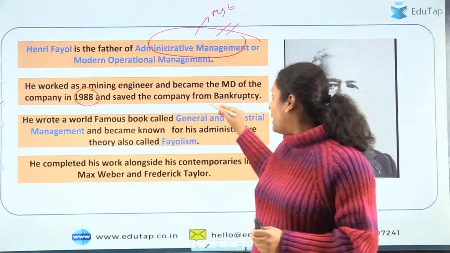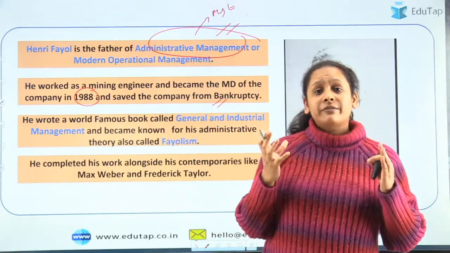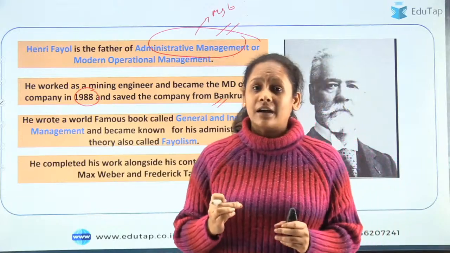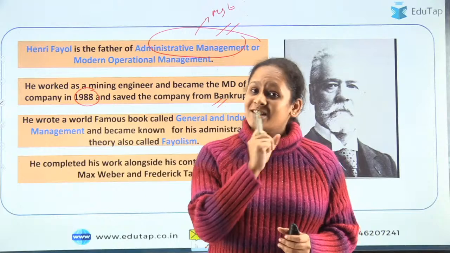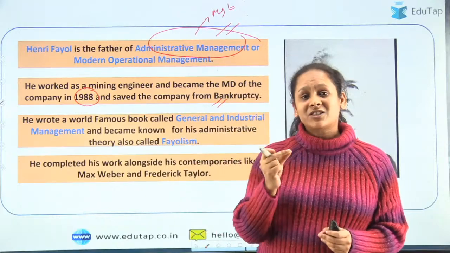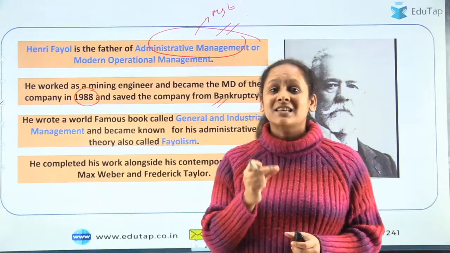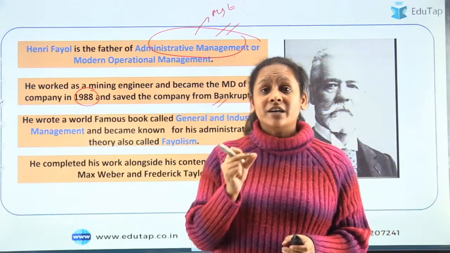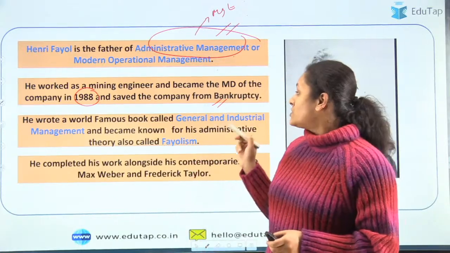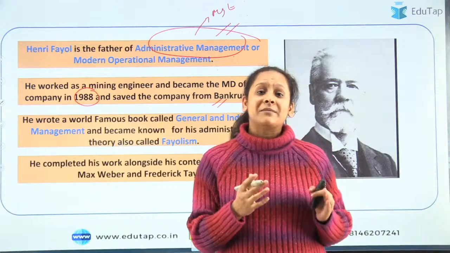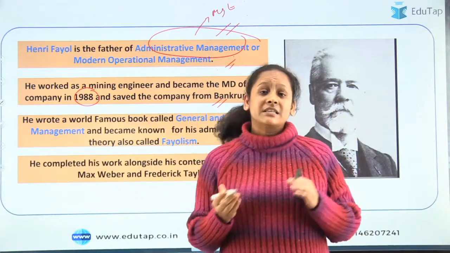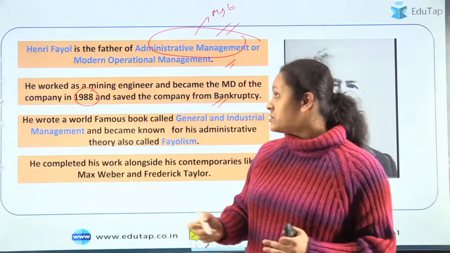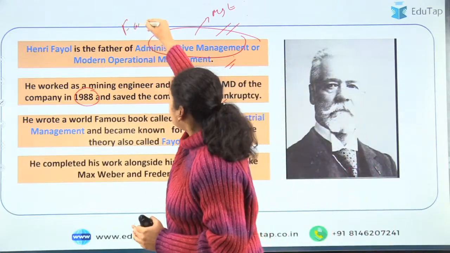It went into bankruptcy. So, Henry Fayol understood a very basic fact, that it is not just about the technical skills which a higher authority should possess, but it is about his or her managerial skills. So he formulated his famous 14 principles, which is known as Henry Fayol's administrative theory and is also known as Fayolism.